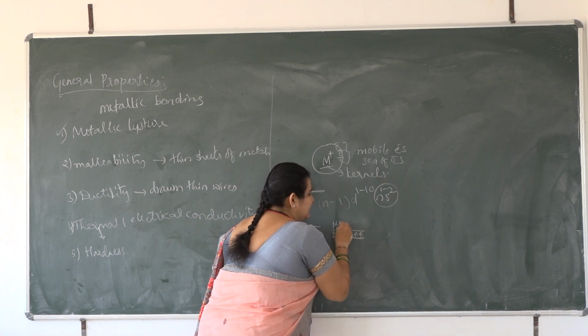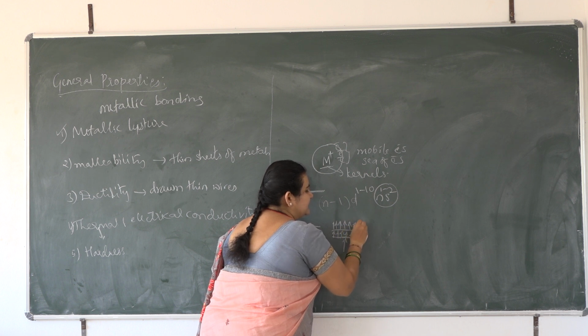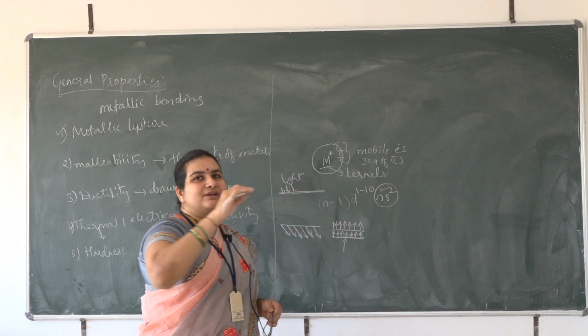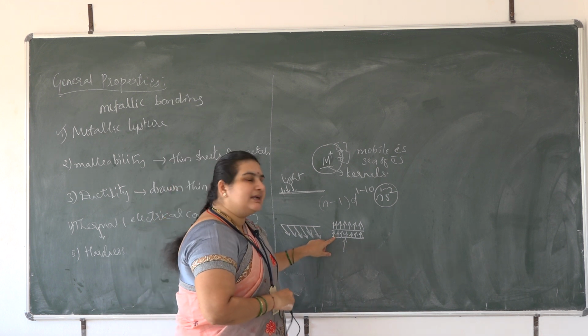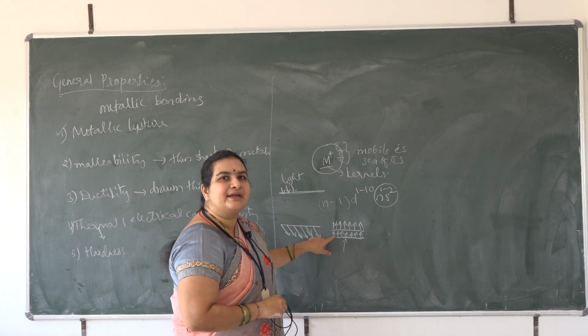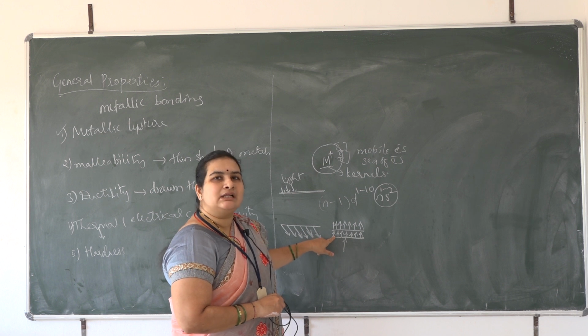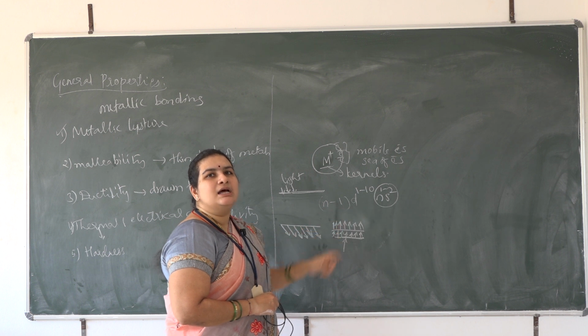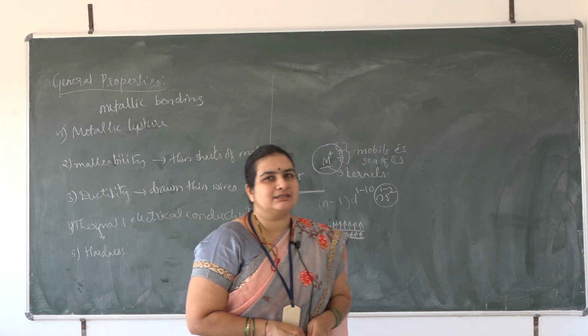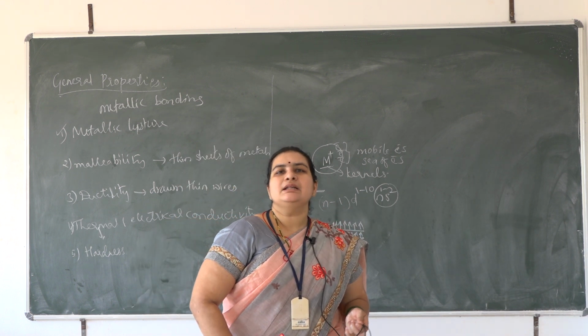Similarly, the kinetic energy of the next layer increases, and they transfer their energy further, so that heat is transferred from one end of the metal surface to the other end. Thereby thermal conductivity is shown by the metal surfaces.